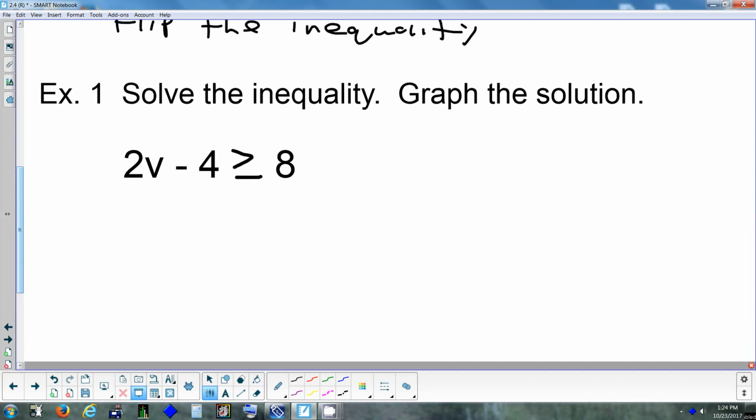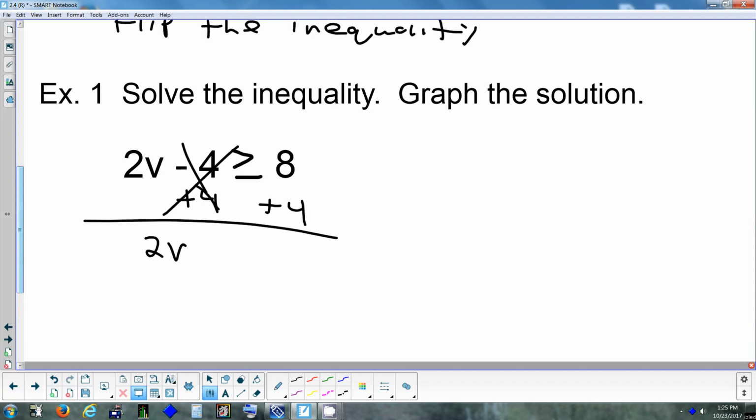Is there any addition or subtraction we need to do here? Yes, Savannah? You have to add 4 to both sides. Perfect. I'm going to add 4 on the left-hand side. What's that going to leave you with on the left side? 2B. What about the right?